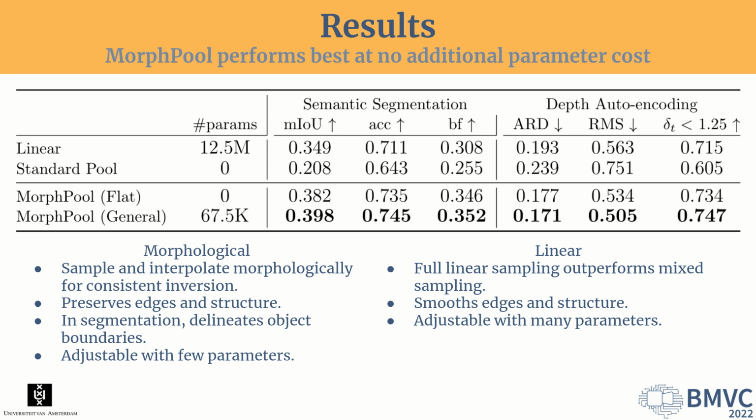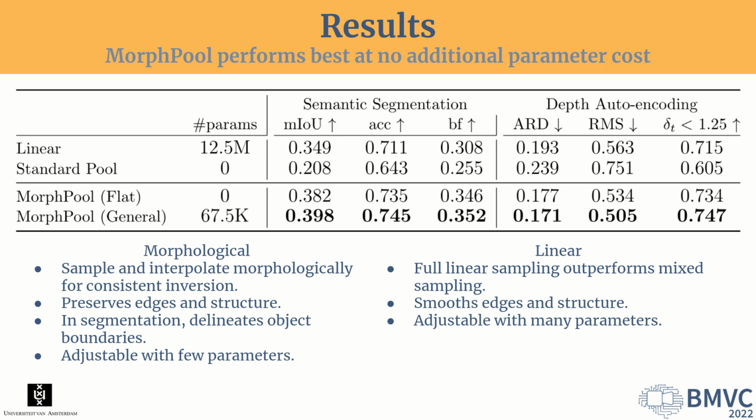In this table, we compare the performance of MorphPool to two other sampling schemes. Linear, which is a downsampling by strided convolution and upsampling using interpolation, and standard pool, which is downsampling by pooling and upsampling by unpooling in combination with transposed convolution. The networks were fed with depth maps for both a semantic segmentation and depth autoencoding task.